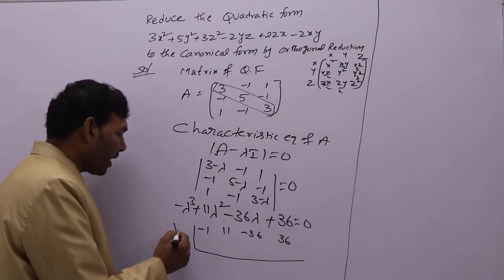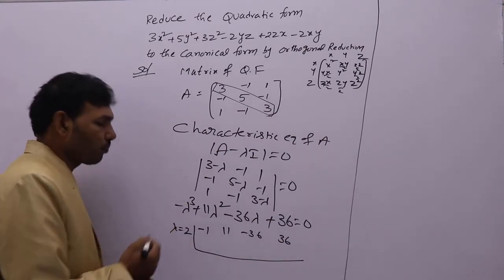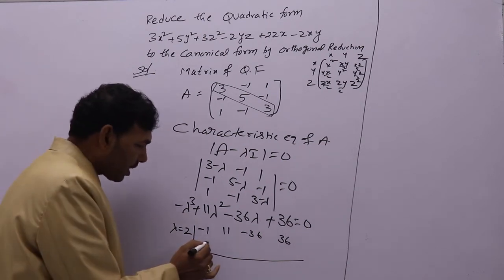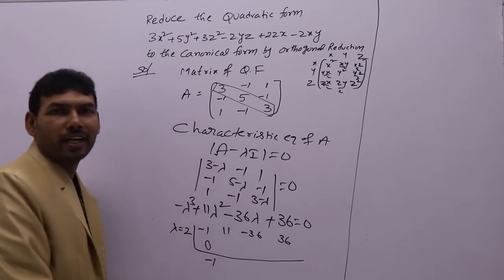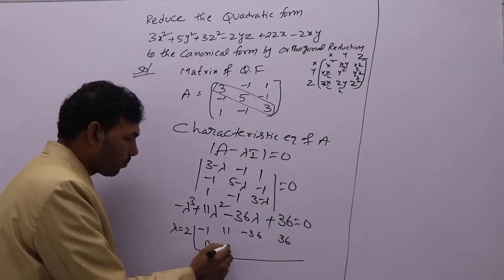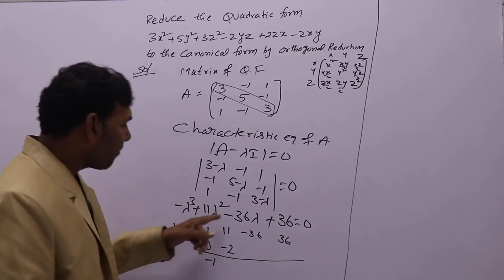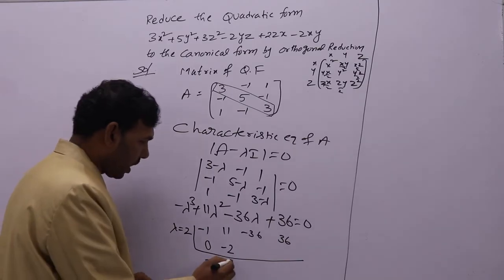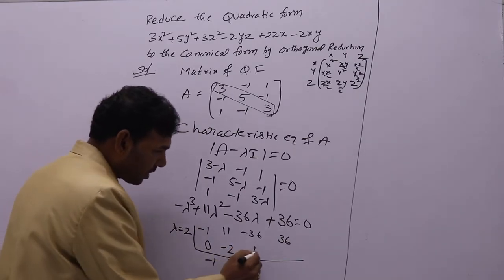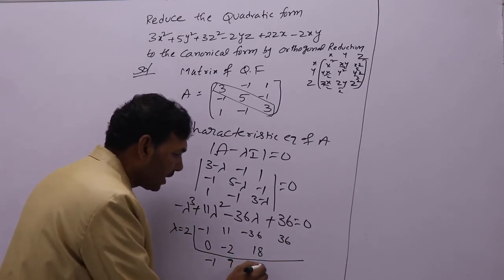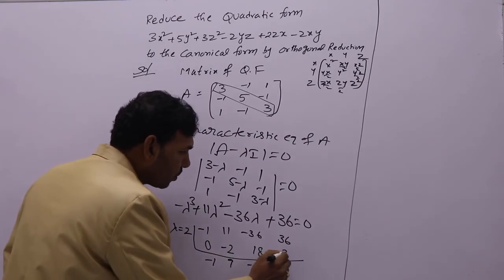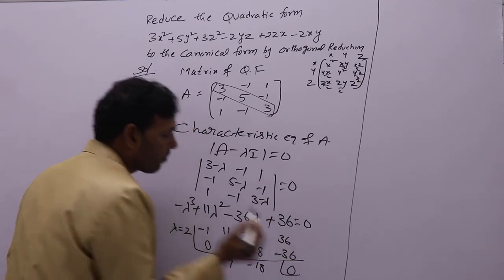Then try with 2. Write 0 here. Minus 1 plus 0, minus 1. Minus 1 into 2, minus 2. 11 minus 2, 9. 9 twos are 18. Minus 36 plus 18, minus 18. Minus 18 into 2, minus 36.